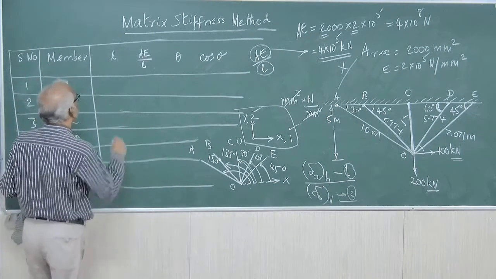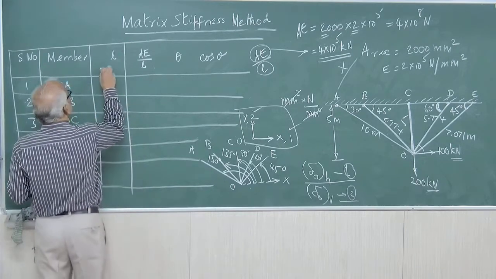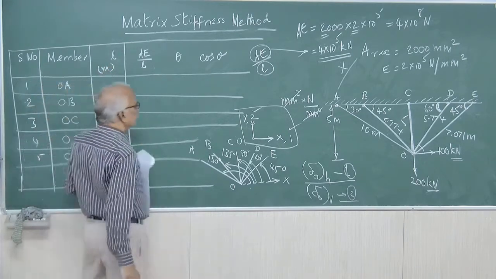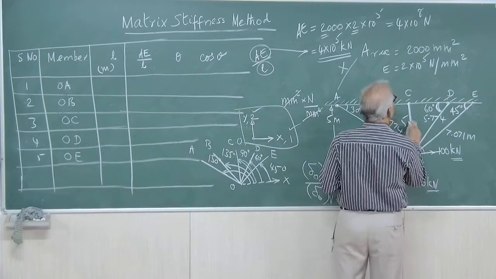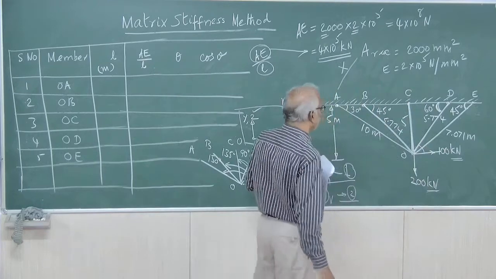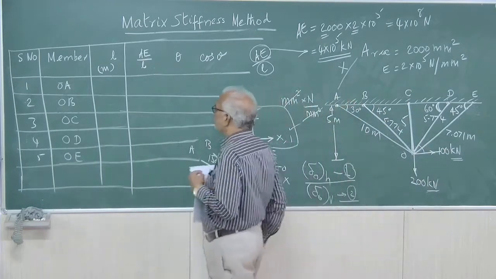The lengths of the members are in meters, and force is in kilonewton. For OA it is 10 meters.